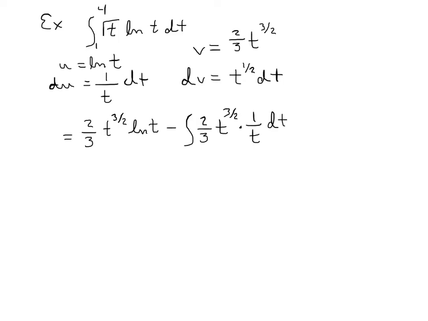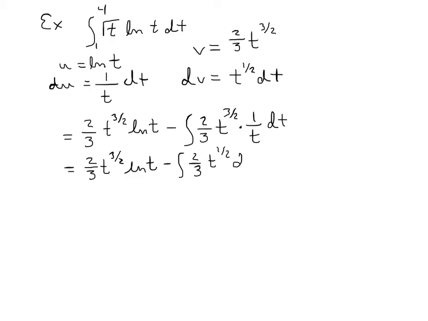Okay, so on this one, now the first term is going to stay the same. Natural log of t minus, I've got to combine these t's before I can integrate. So t to the 3/2 divided by t, that's going to decrease that exponent by 1.